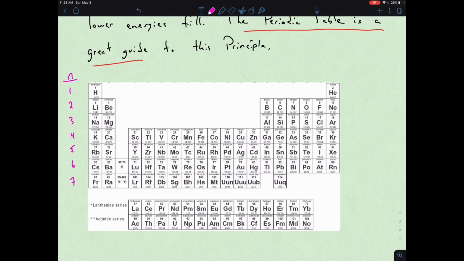That gives us a sense of the principal quantum levels that we tend to be in. There's a little bit of play here, but that's what we see for a good chunk of the periodic table, this type of stratification.